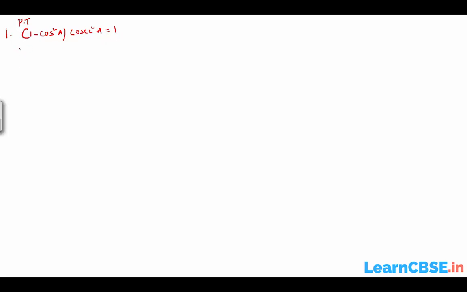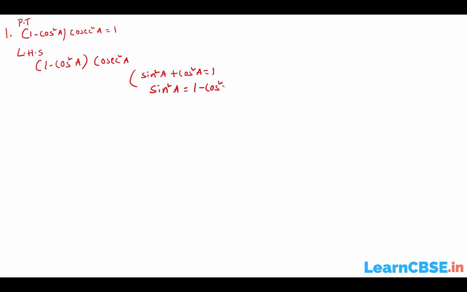Now see, take LHS. (1 minus cos square a) into cosecant square a. Right, let's write the identity. Sin square a plus cos square a equals to 1. So transpose cos square a to right side, then you will get sin square a equals to 1 minus cos square a.